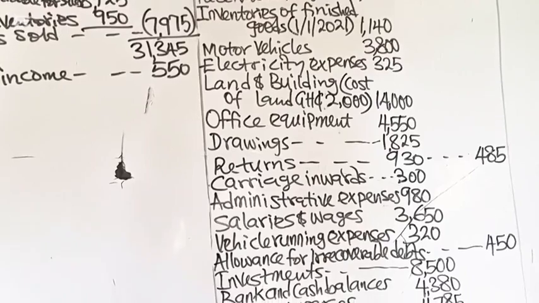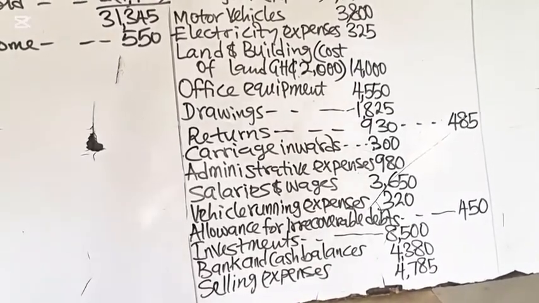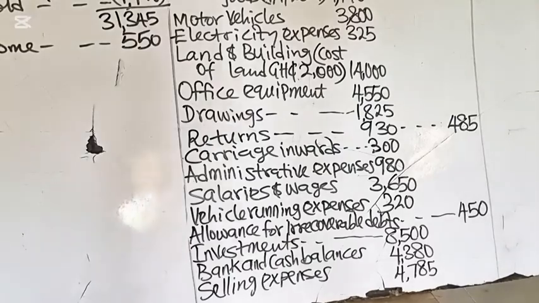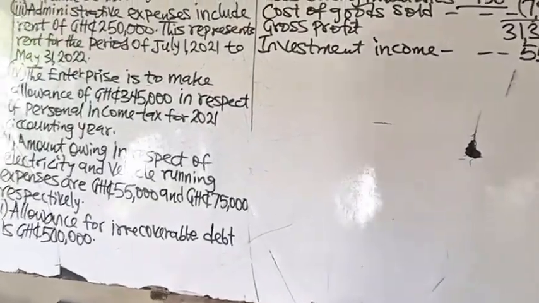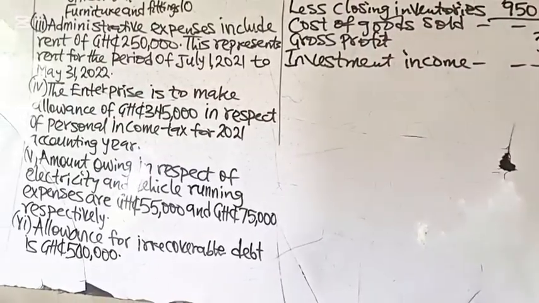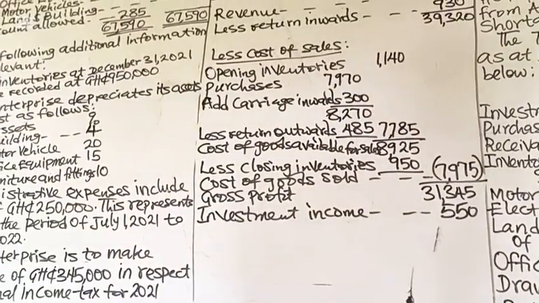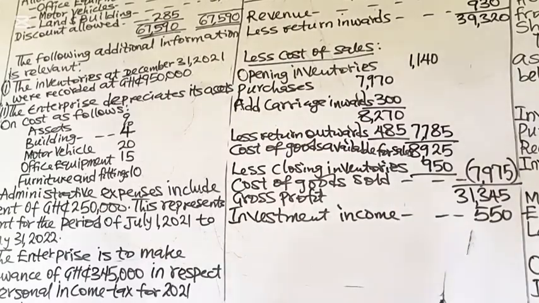I can't see any other income. Then look at allowance for irrecoverable debts, and we have the allowance for irrecoverable debts of 450. Now, if you compare it with what you have in note C, the last note in the question, the allowance for irrecoverable debts is 500. That means the old allowance was 450 and the new one is 500. So we have an increase in allowance for receivables.